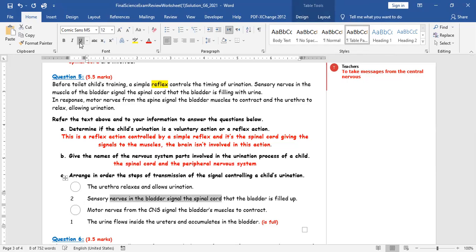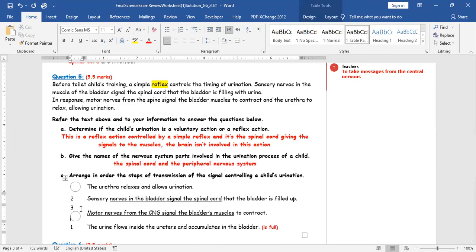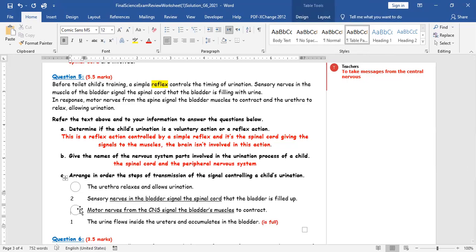So there is a message going to the spinal cord. And then the spinal cord orders the muscles. So nerves taking the signal from the bladder to the muscles. This is 3. What happens then? The urethra relaxes and urination happens.